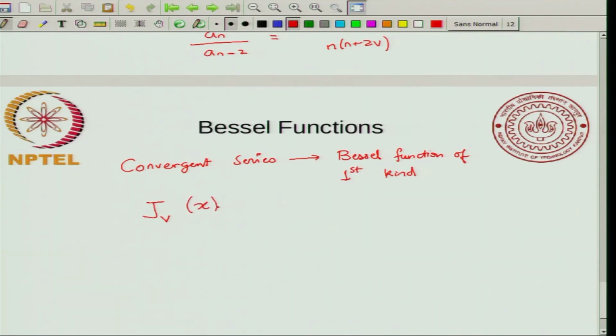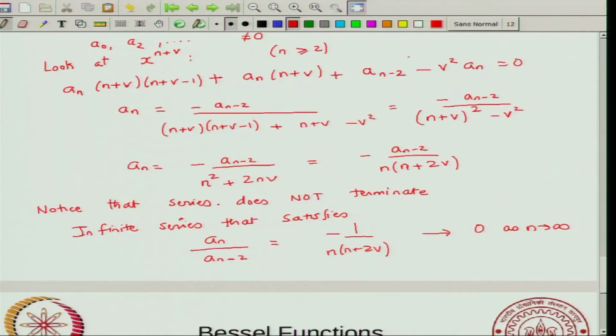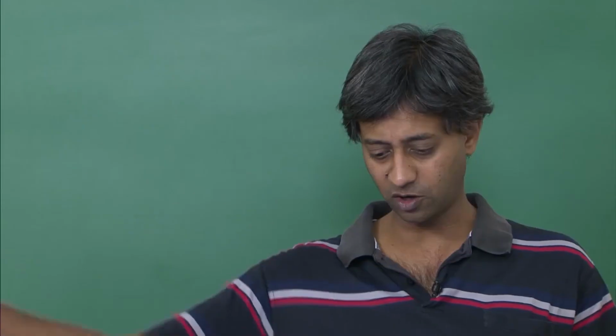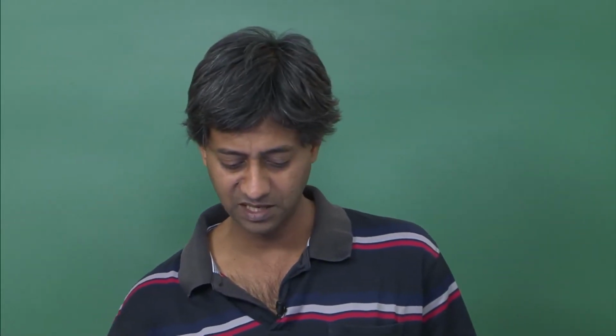So, J v of x is this convergent series, an infinite series starting from a0. The a0 multiplied by that infinite series is called the Bessel function of first kind.